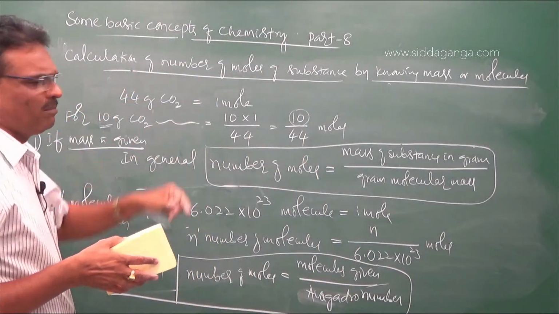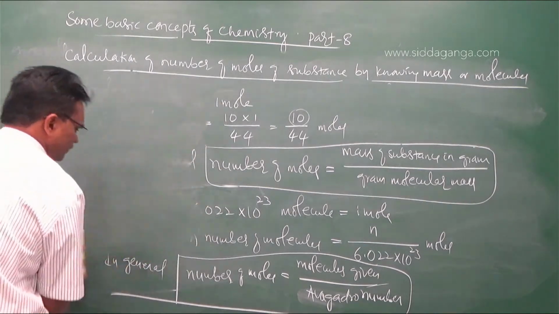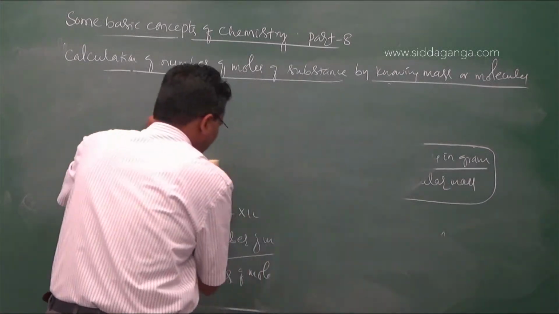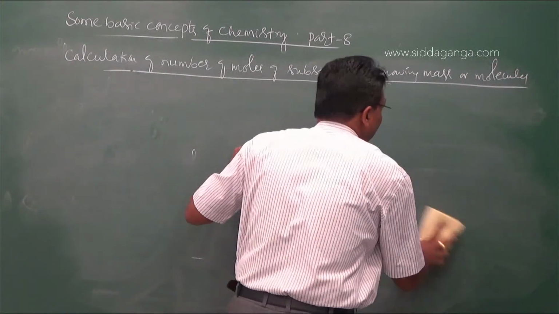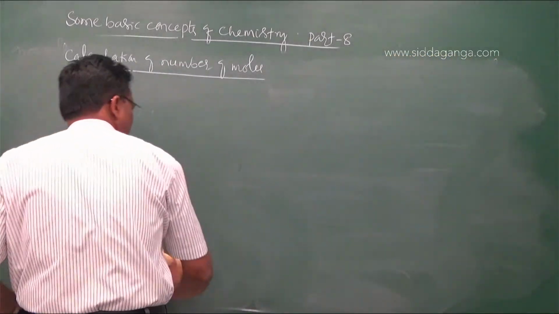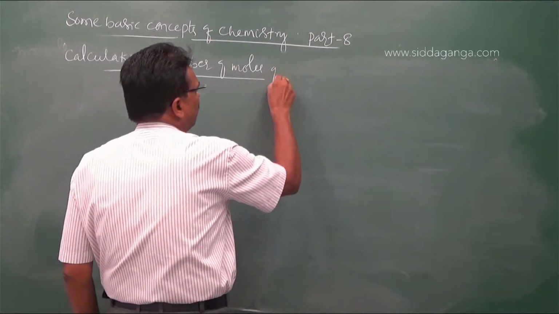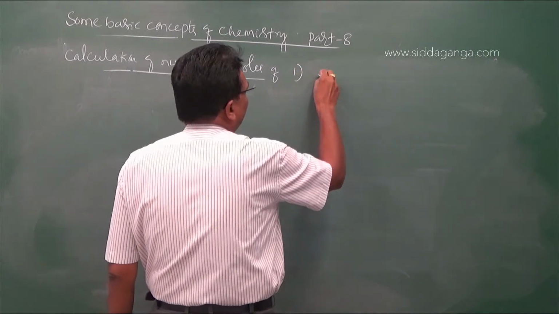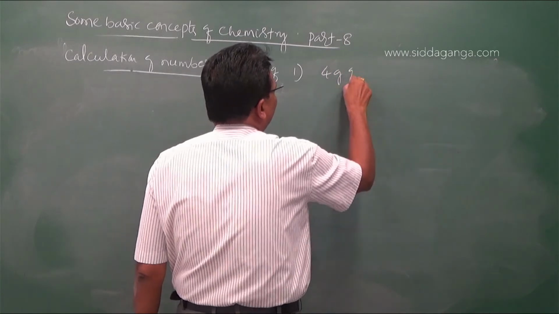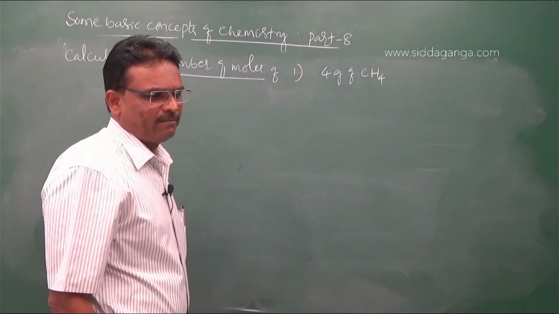So calculate the number of moles of: first, 4 gram of methane.